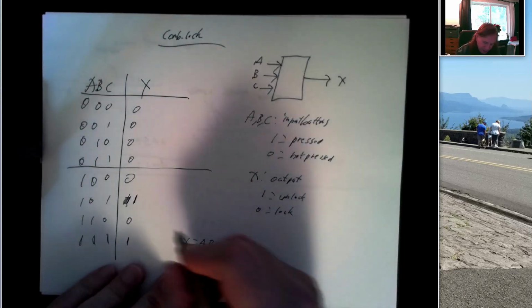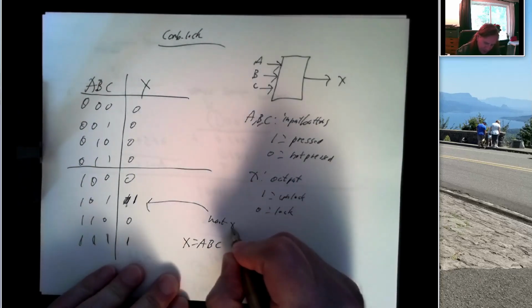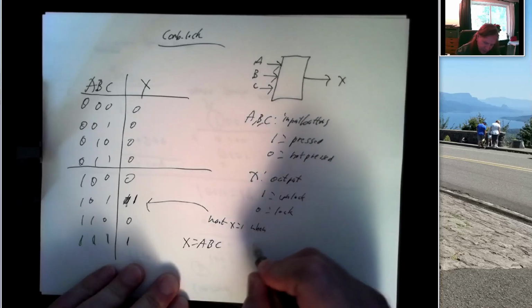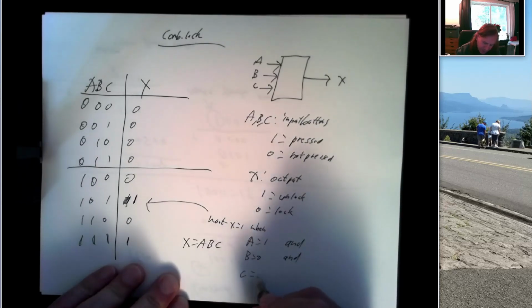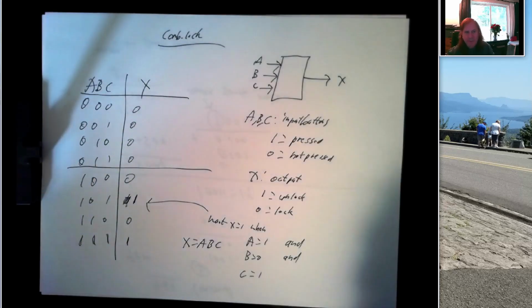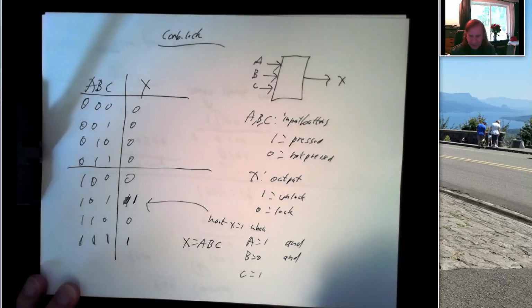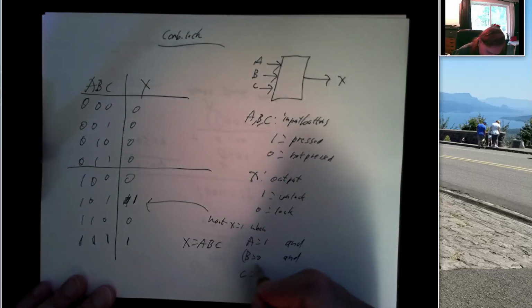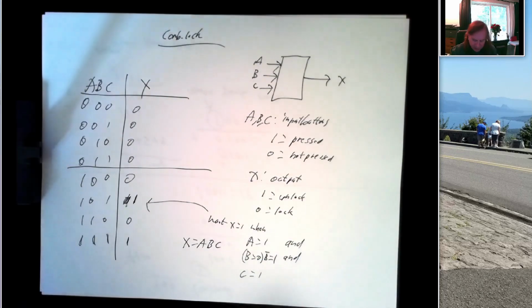So let's look at this up here, we want x equal 1 when A equals 1 and B equals 0 and C equals 1. Well, we don't have a gate that checks these three conditions to see if they're all true, but I can rewrite this condition as saying the complement of B is equal to 1.